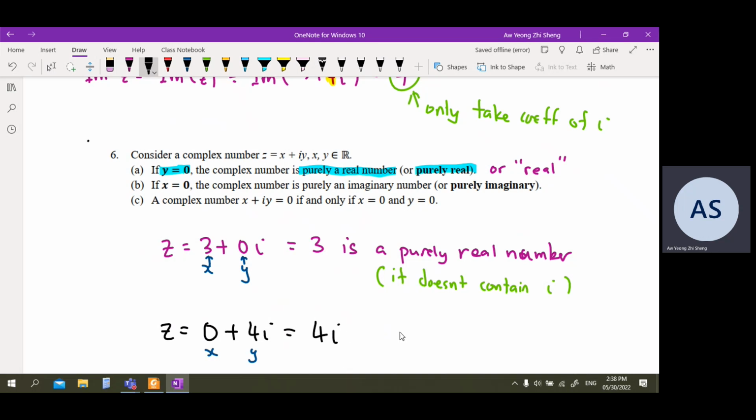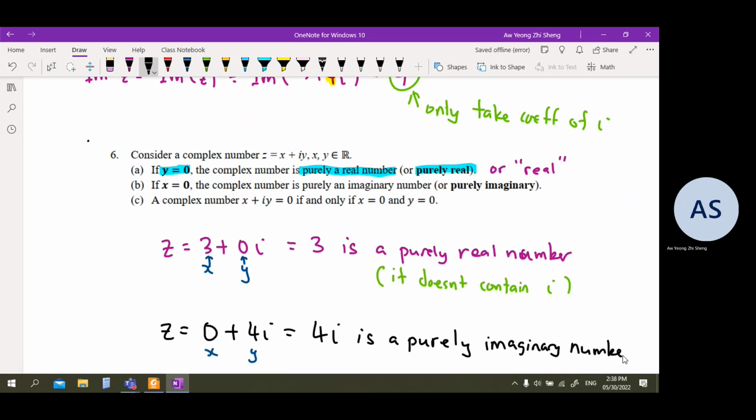It doesn't have a separate term without i. So this is known as a purely imaginary number. And recall that i is an imaginary unit, and so some number times i is a purely imaginary number, because it doesn't have a separate term without i. So 4i is known as a purely imaginary number.